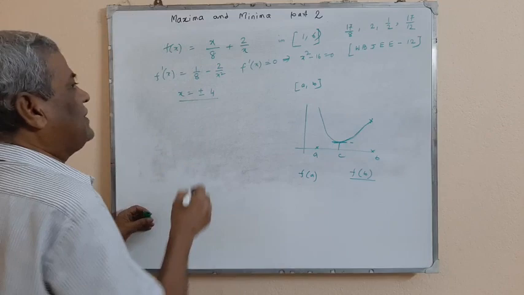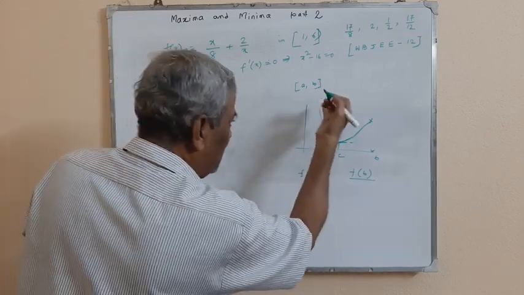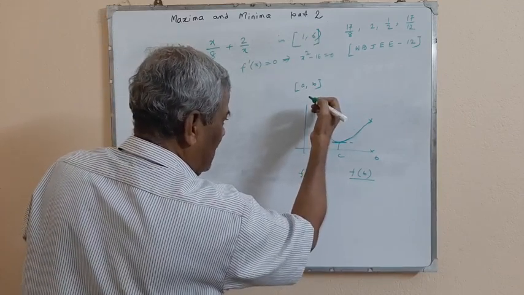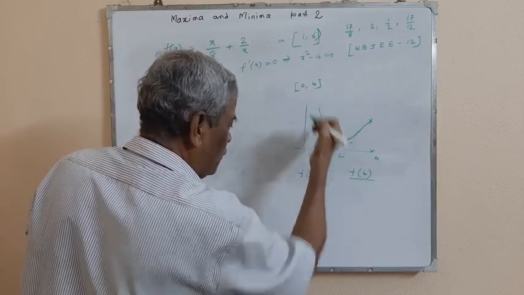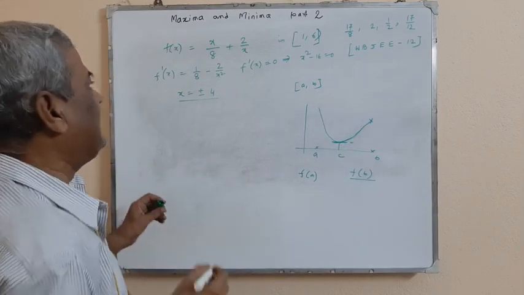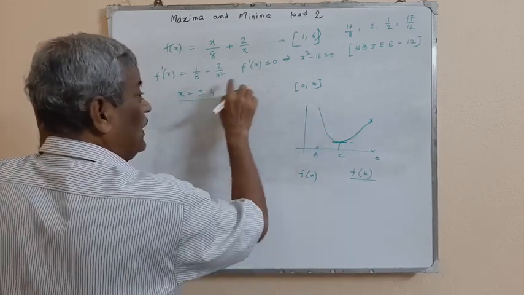At that point, from A, which is 1, to 4, let us see whether it is increasing or decreasing.